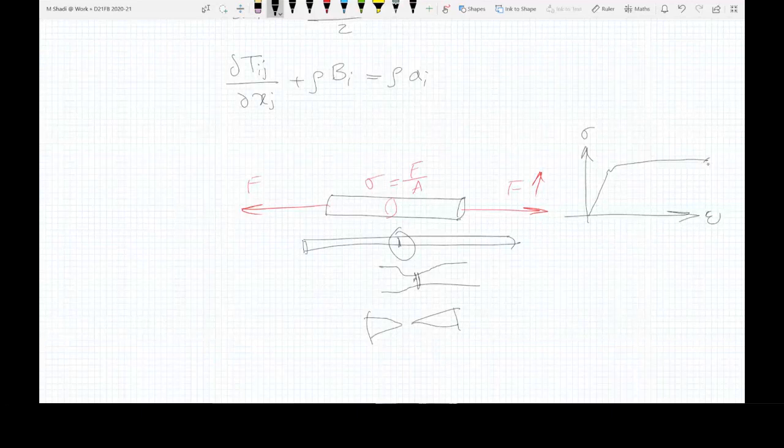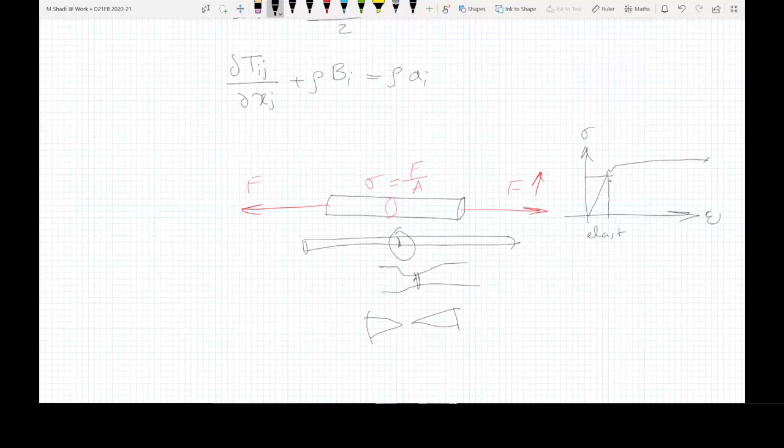Now, if you look into this curve, this is quite complex material behavior, and it is only happening in one direction. If you look into steel, you are going to distinguish between two parts of material behavior. This part, we call the elastic part. So this range is the elastic range.